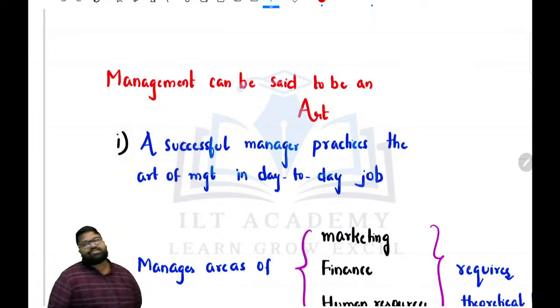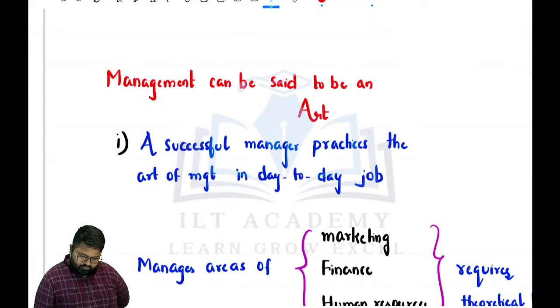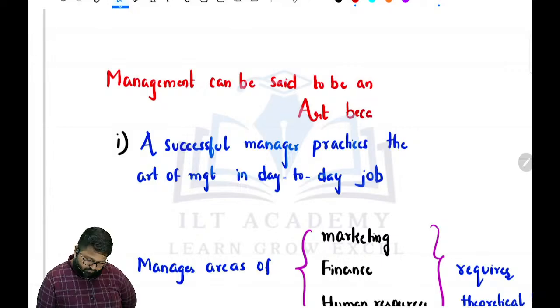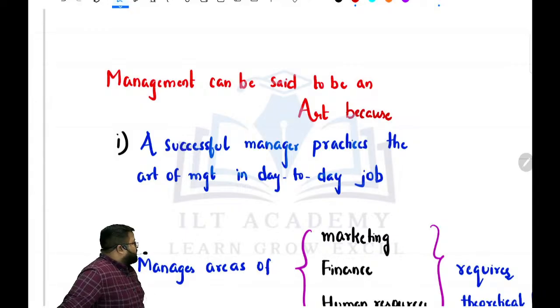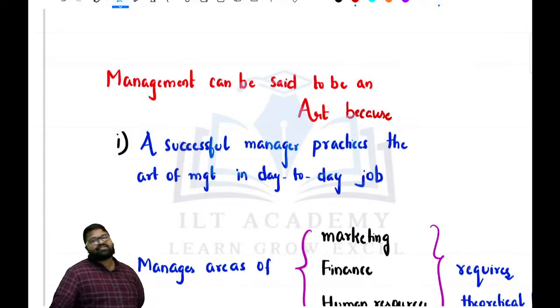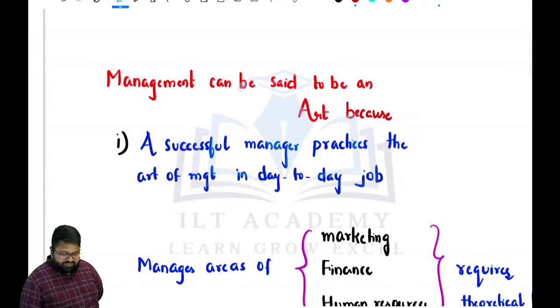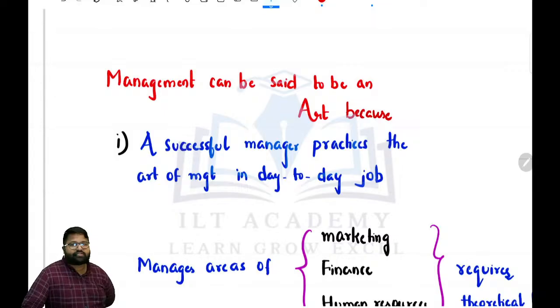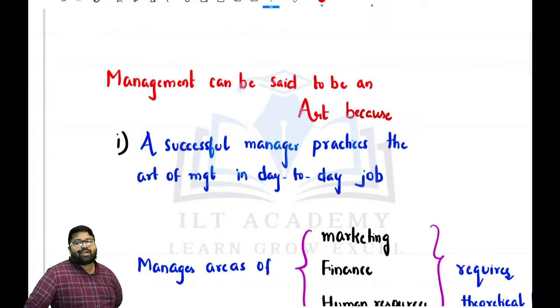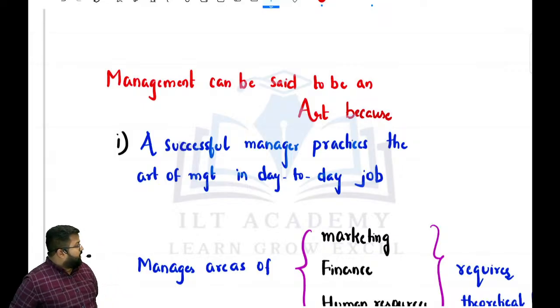Management can be said to be an art because a successful manager practices the art of management in the day-to-day job.